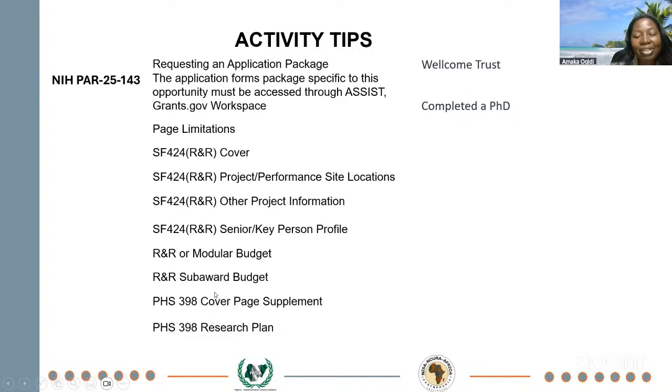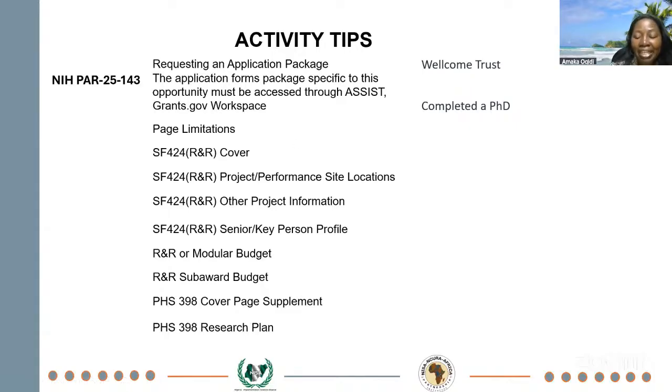And then they listed some of the documents or the areas that will want you to find answers and fill up for them. The area of page limitation, the cover page, these are areas you must get an answer on.